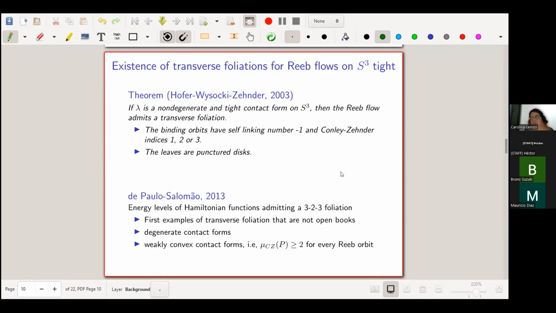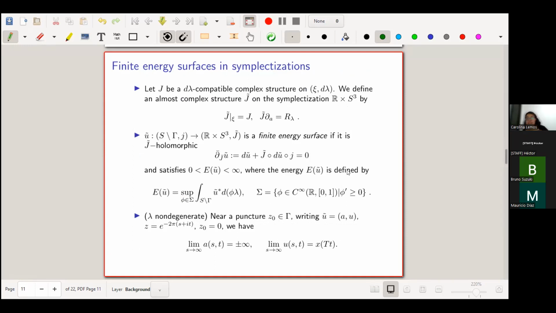The proofs of all these results involve pseudo-holomorphic curves in symplectic manifolds. Of course, I don't have time to explain everything, but let's just give an idea. The pseudo-holomorphic curves we are interested in here are defined on non-compact domains and have codomains that are also non-compact.